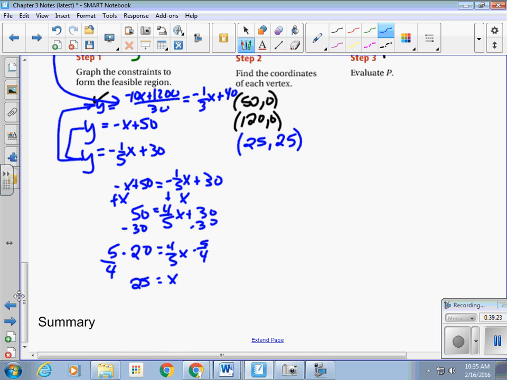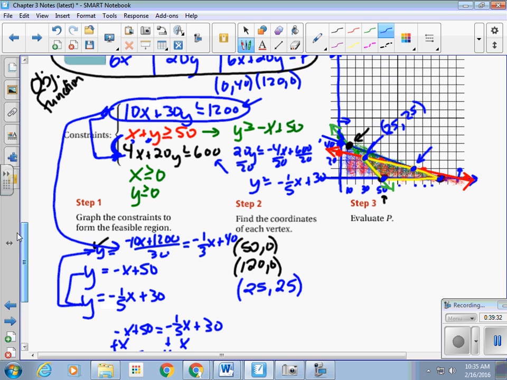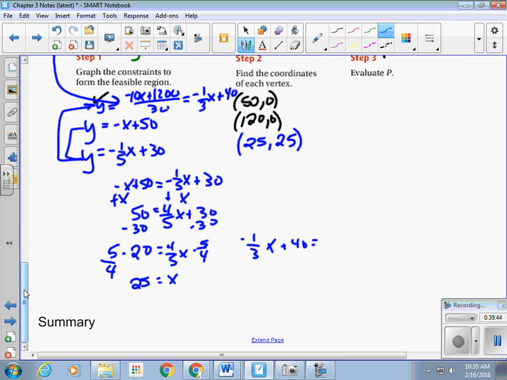So I need to find when negative 1/3 x plus 40, this blue line, is equal to this red line here, which is negative 1/5 x plus 30. So I'm going to add 1/5 to both sides.